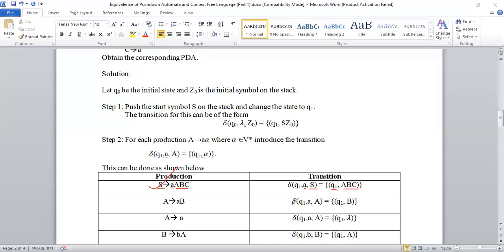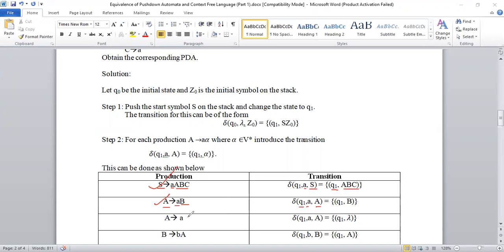So you are now in Q1 state. Q1 consuming a as input, with capital A on the top of the stack, you are now in Q1 state and B is pushed onto the stack. Clear? Similarly, A to small a, so alpha is now lambda, that is null.